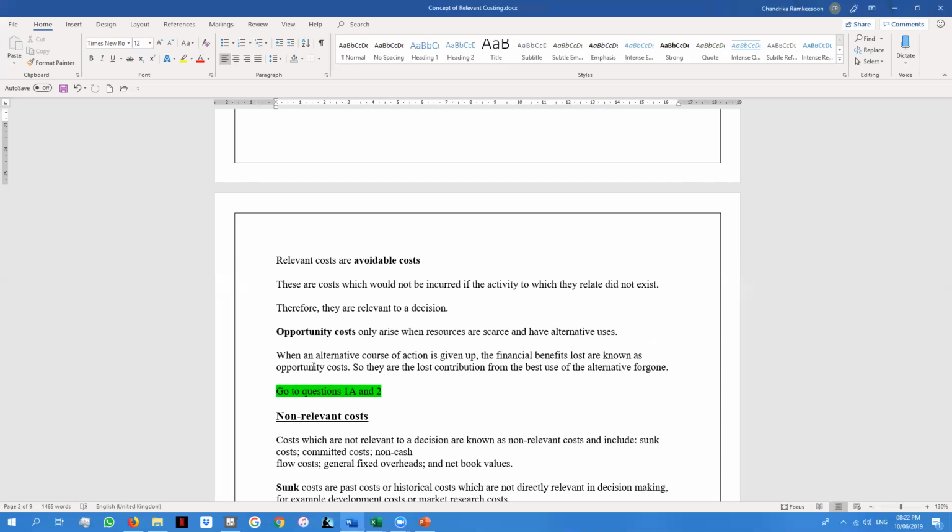Now, clearly, I'm using a very simple example here. Clearly, your increased revenue is not $10,000, it's $5,000. The reason is because you're already receiving $5,000 anyway. If you rent out the apartment to this other person, you're going to get 10, which is simply an increase of 5.